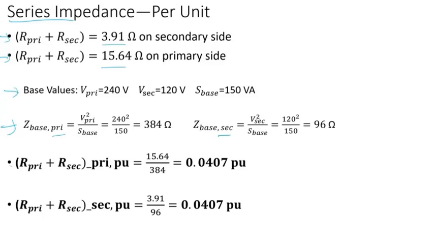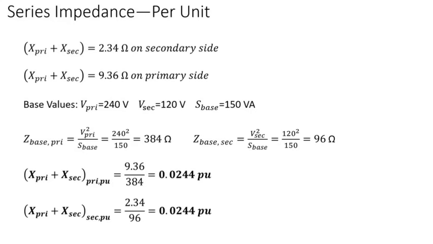So I take the resistance on the primary side in per unit, 15.64 divided by 384. I get 0.0407 per unit. If I perform the same calculation on the secondary side, I should get the same number, which is good.